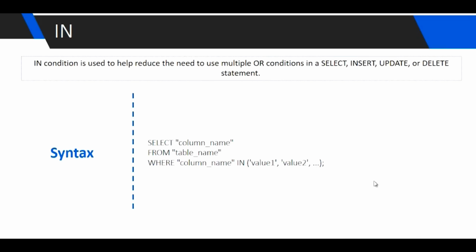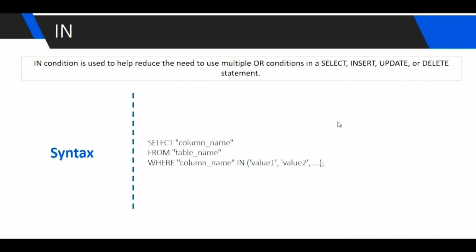In condition is used with the where statement just as the OR command. Only difference is, if you have multiple values and you want to specify a lot of values, you'll have to specify OR condition every time. So if you have 50 values, you'll have to write OR condition 50 times. But with in, you can just write in one time and you can specify all the 50 values in a single block. So this is the syntax of in command.